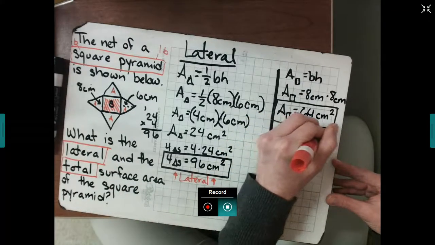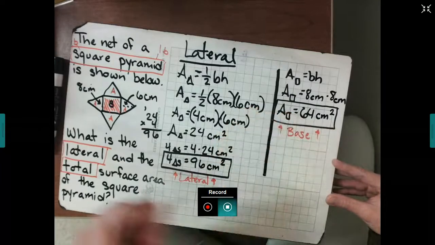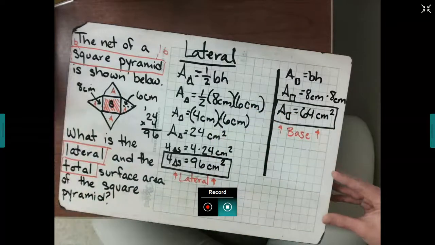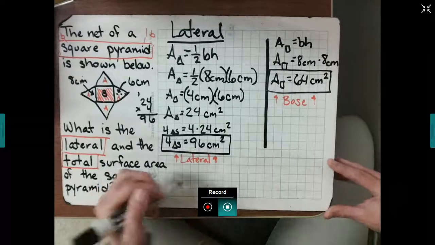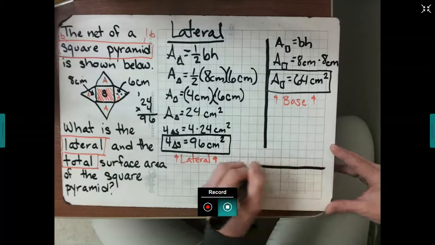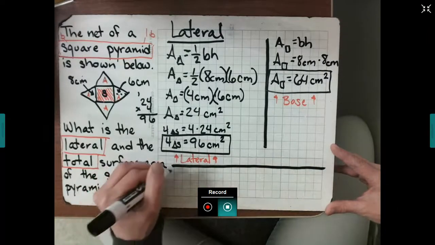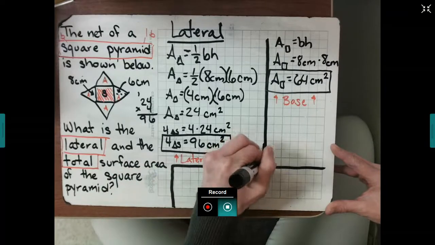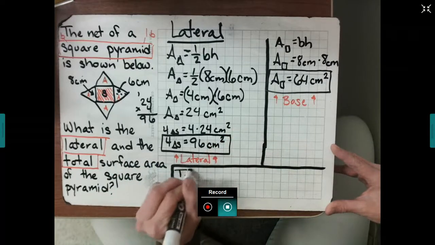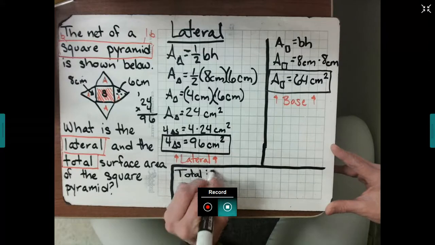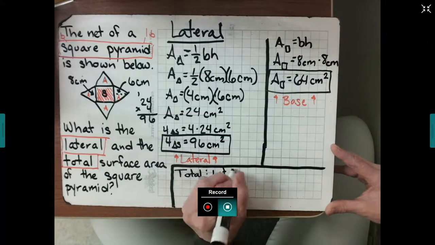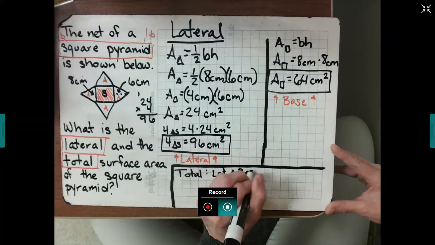But we are not quite done yet because we need to find the total area, right? So I'll go ahead and go down here. The total surface area will be our lateral surface area plus our base. It is all sides.